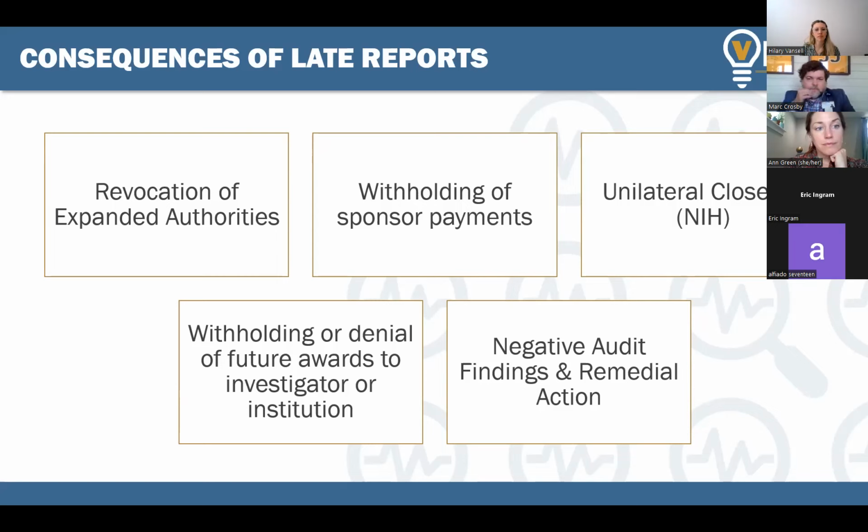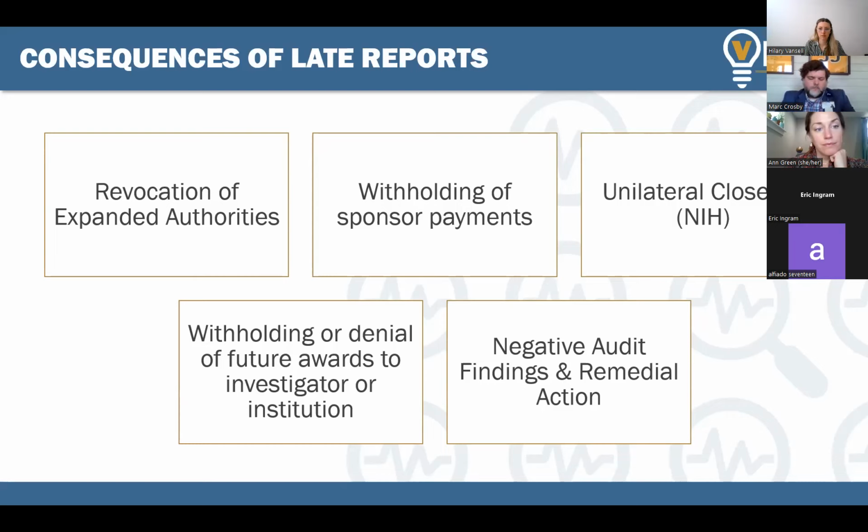So expanded authorities is not project specific. It is given to institutions, organizations. So if you have a contact in your central office, ask them if your organization does have expanded authorities. Typically it's marked in the grant or contract document that your organization does have expanded authorities, and it'll entitle you to several things.